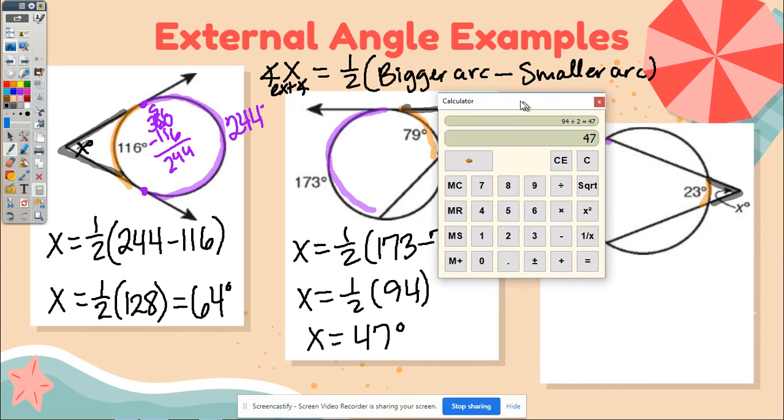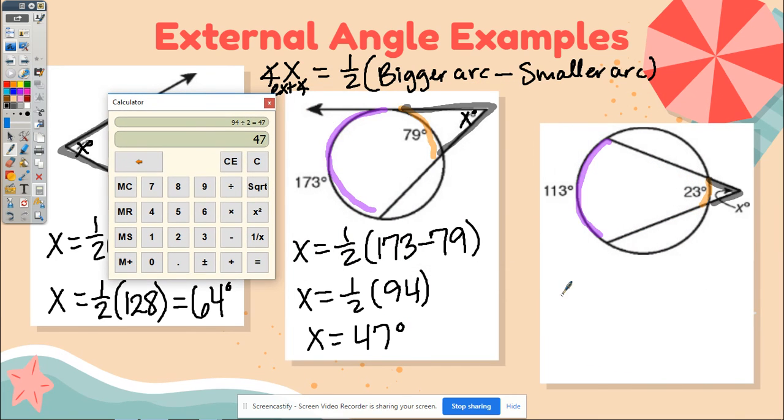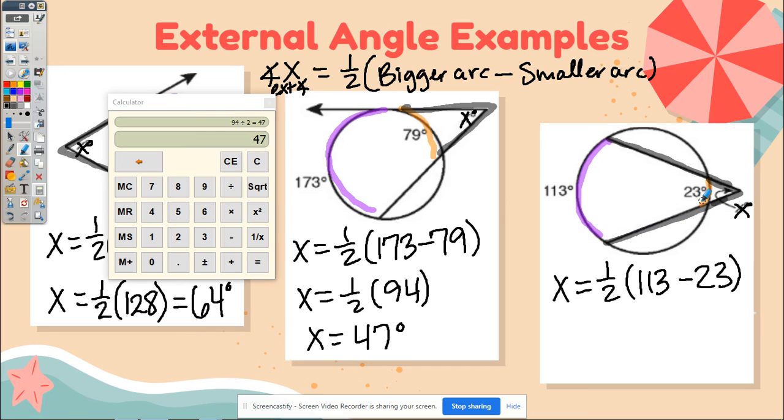Okay, now we're on to the last one. So the last one is the external angle, which is X, is equal to 1/2 the bigger arc, which is here in purple, minus the little one. So don't forget, those are your arcs because they're contained by the angle.